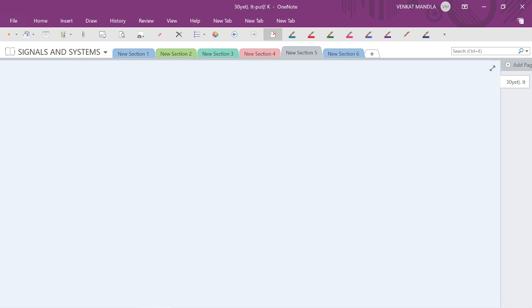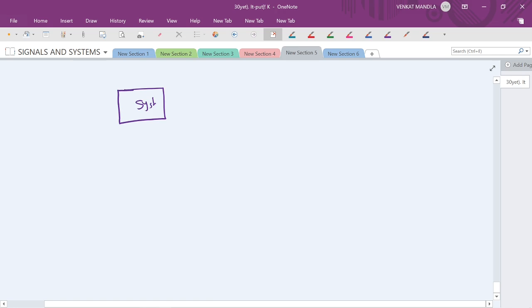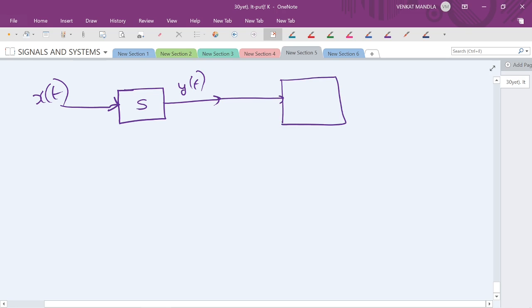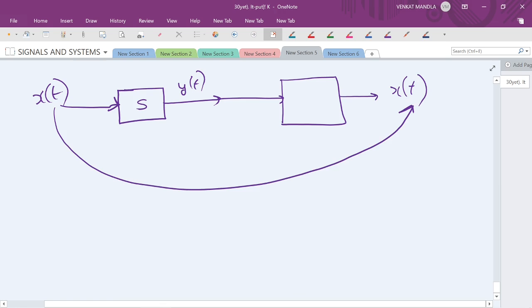Invertible and non-invertible systems. What is an invertible system? Suppose this is the system S. I will apply x of t, then I get y of t. By any means, can I get my x of t again from this y of t?